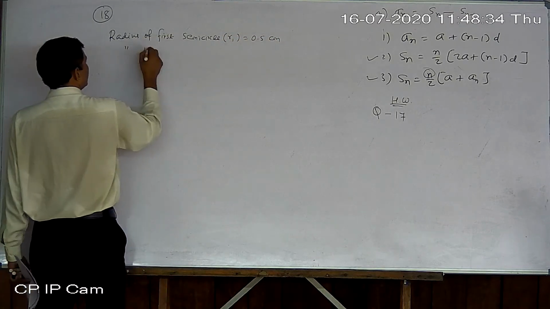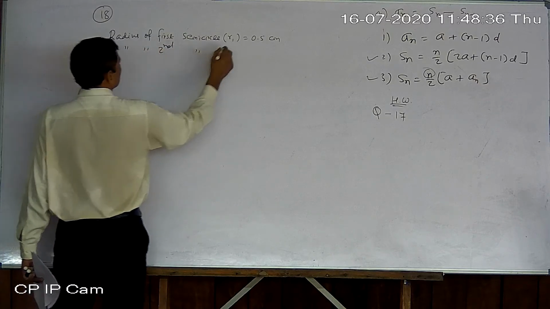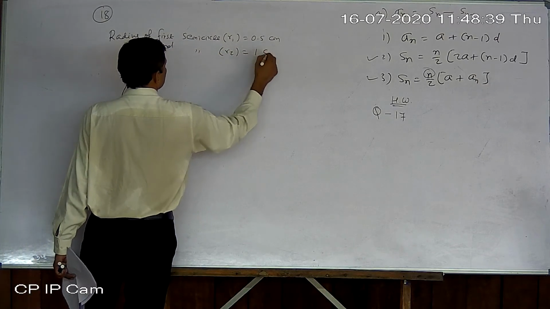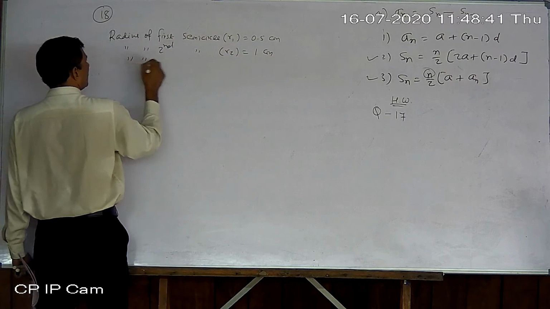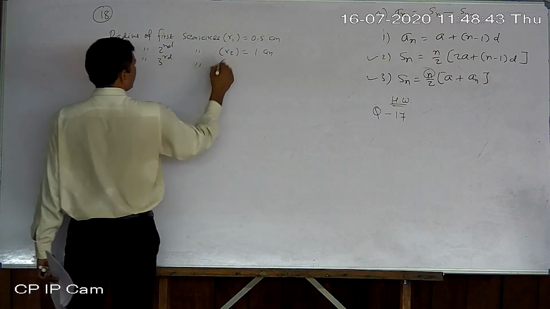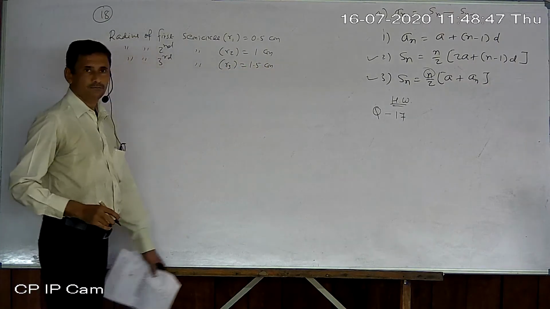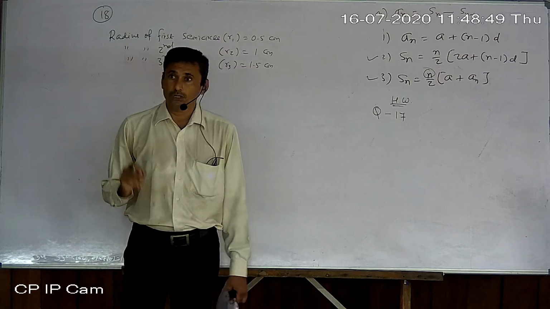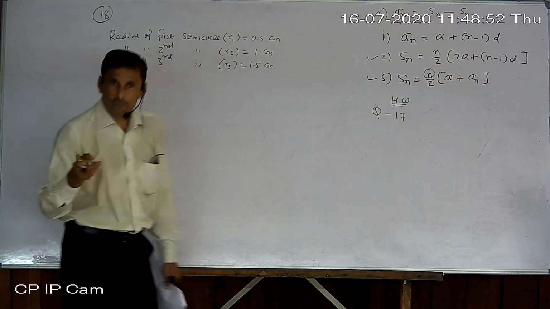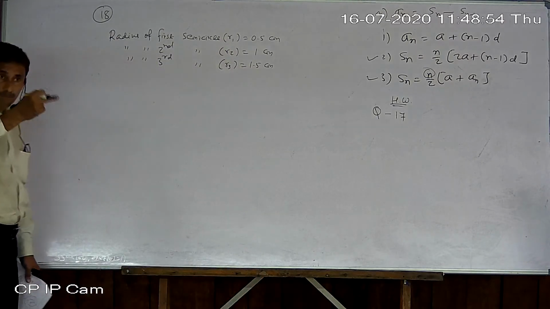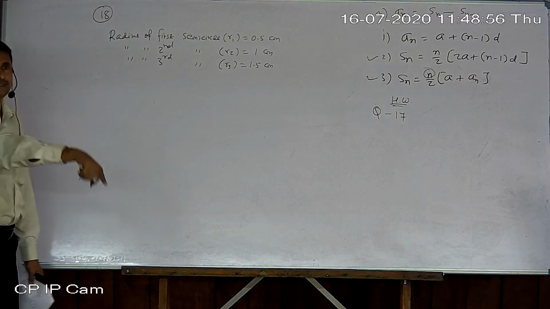In the same way, the radius of the second semicircle, R2, will be 1 centimeter. The radius of the third semicircle, R3, will be 1.5 centimeters. But we don't want the total of the radii. We want the total of the perimeters of all semicircles.